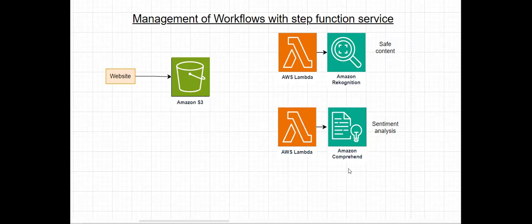And this Lambda function will interact with Comprehend and get the details regarding whether the message which that image contains is a positive message or not. Those two things we will identify by using these Lambda functions.